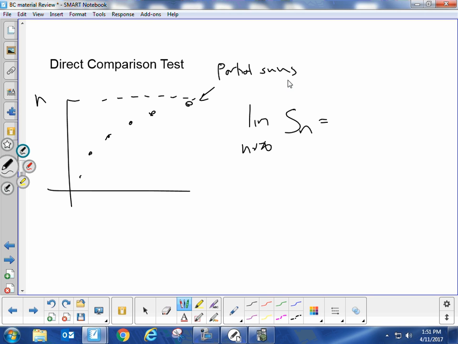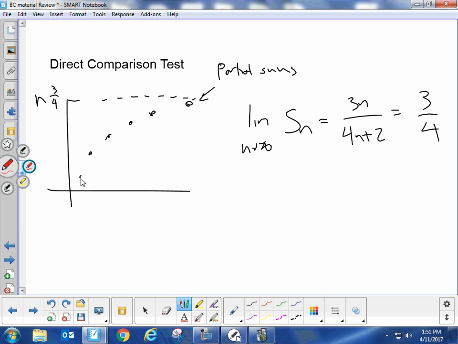Sometimes you'll have questions of, here's an expression for the partial sum. Sn is equal to 3n over 4n plus 2. And they say, what is the sum of the series whose partial sum is given to you by this? Well, just find the limit as n approaches infinity, and you'll see that your partial sums will approach 3/4. So that's got to be the sum of your series. So here our partial sums are approaching 3/4.